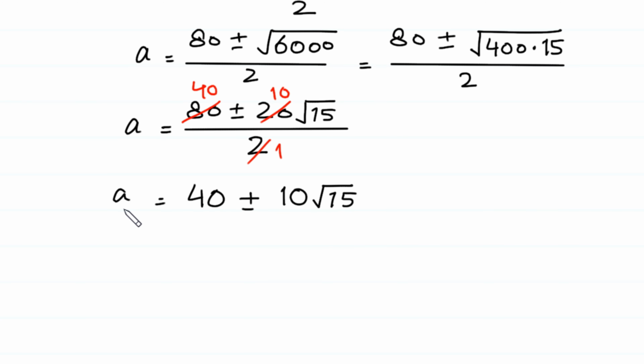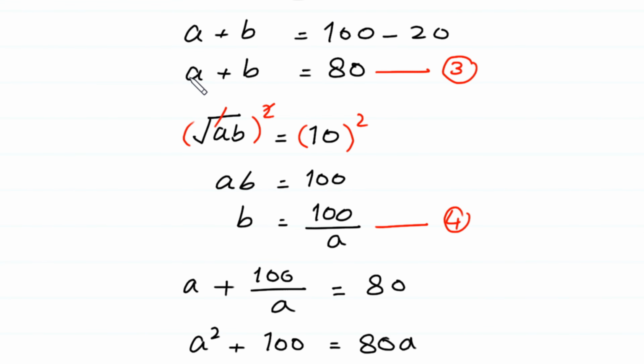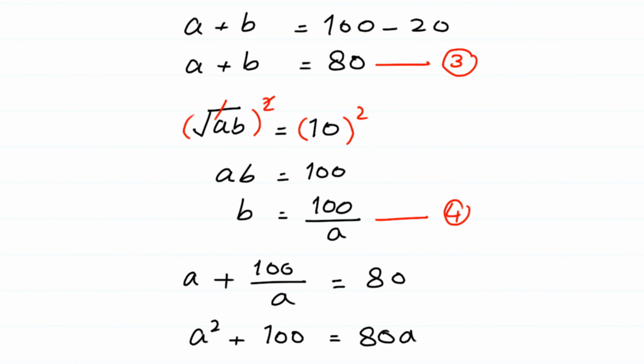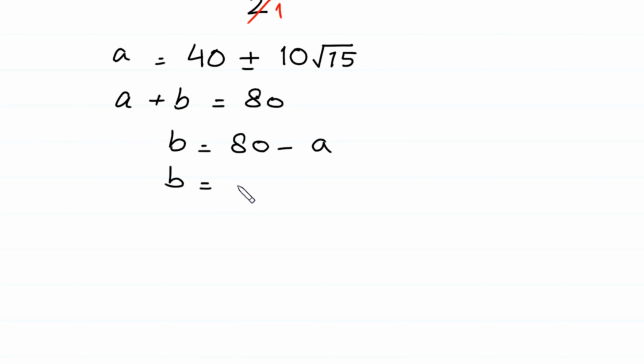Now to find the value of b, we put this value of a in equation 3. Equation 3 is a plus b is equal to 80. Now we move this a to the right side. B is equal to 80 minus a. B is equal to 80 minus, and here we put the value of a, 40 plus minus 10 times square root of 15.